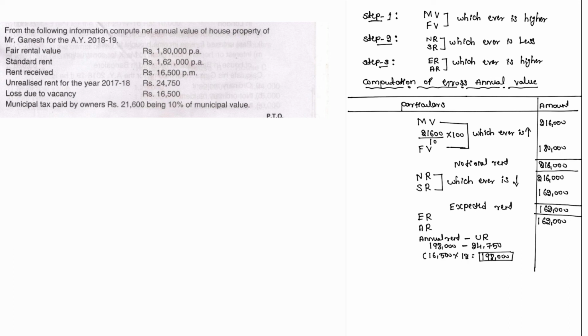If you deduct, you will get 1,73,250. In these two, whichever is higher. In these two amounts, the higher amount is 1,73,250.